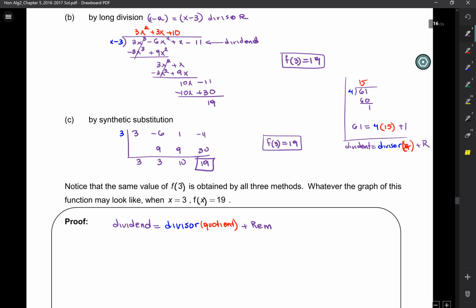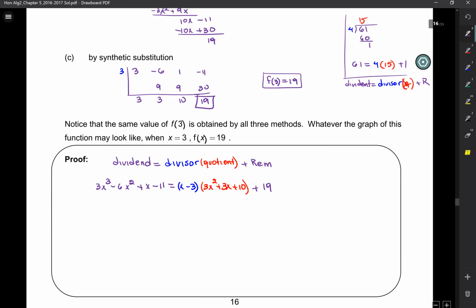All right, so what's our dividend here? It's 3x cubed minus 6x squared plus x minus 11. That's equal to, what was the divisor? X minus 3 times the quotient plus the remainder. Now, what's another word for the dividend?